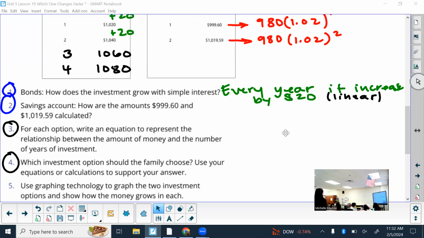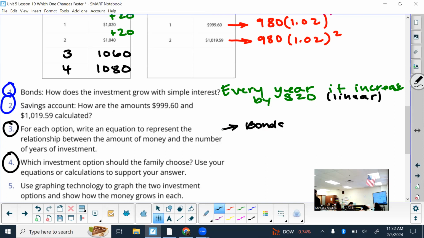So table 2, do we have the equation for the bonds? Okay, class, what do you think about their equation? Does it look good? Does it match y equals mx plus b? Yes, because we said this was linear, so it should.